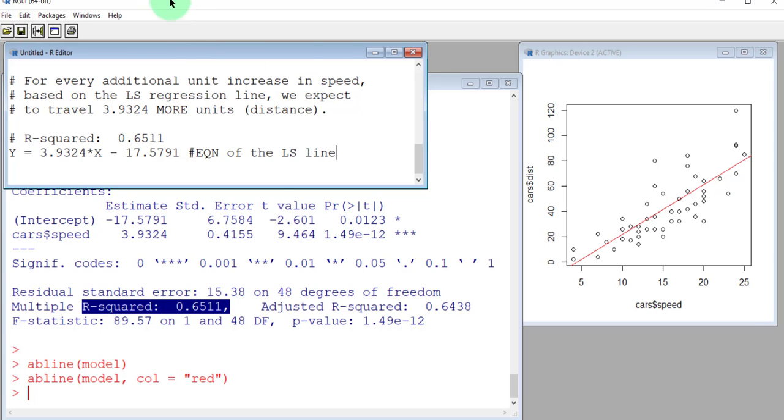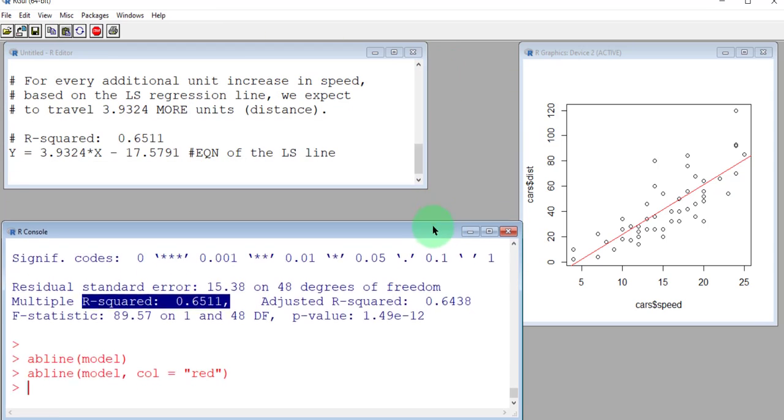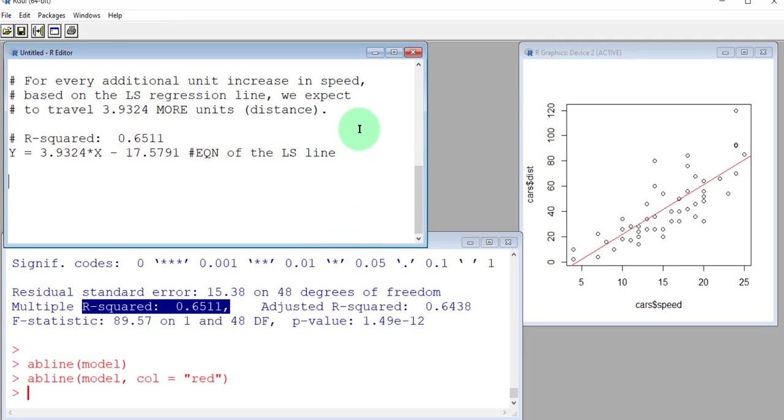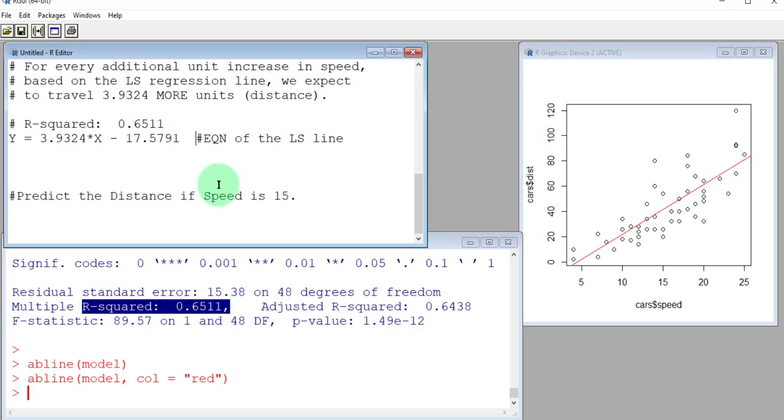So let's make a prediction. I'm going to make this a little bigger. So let's predict the distance if the speed is, let's do 15. So we are given a value for x, which is 15, so we can plug that into our equation of the line. And this will be the predicted y value.